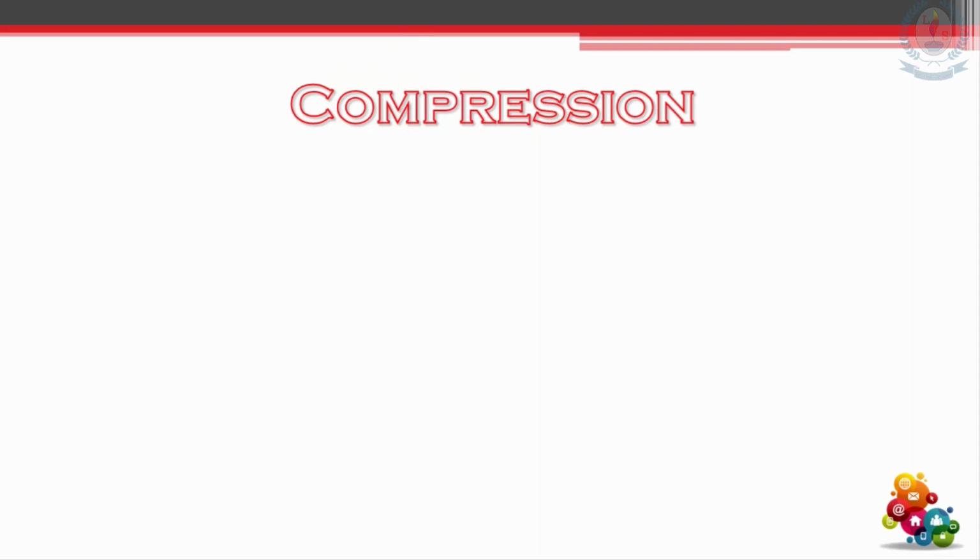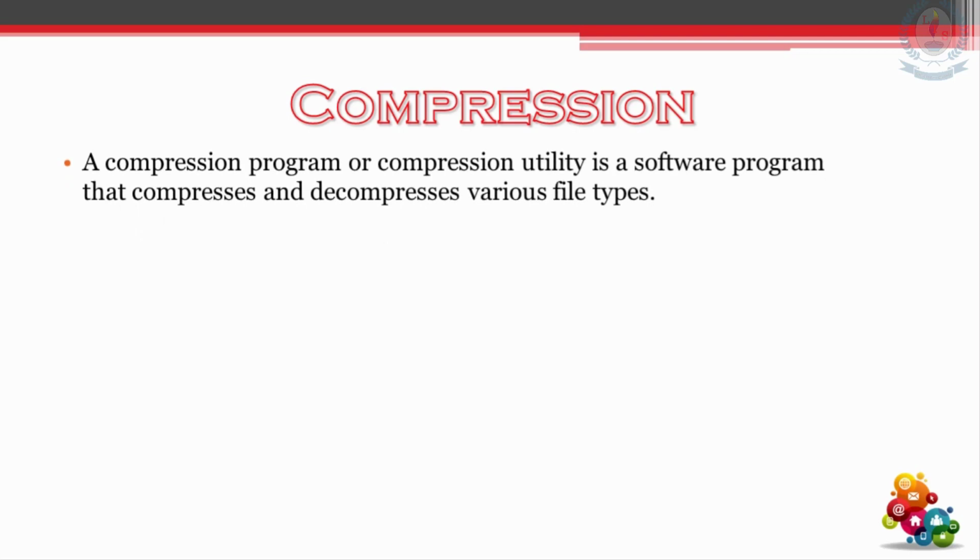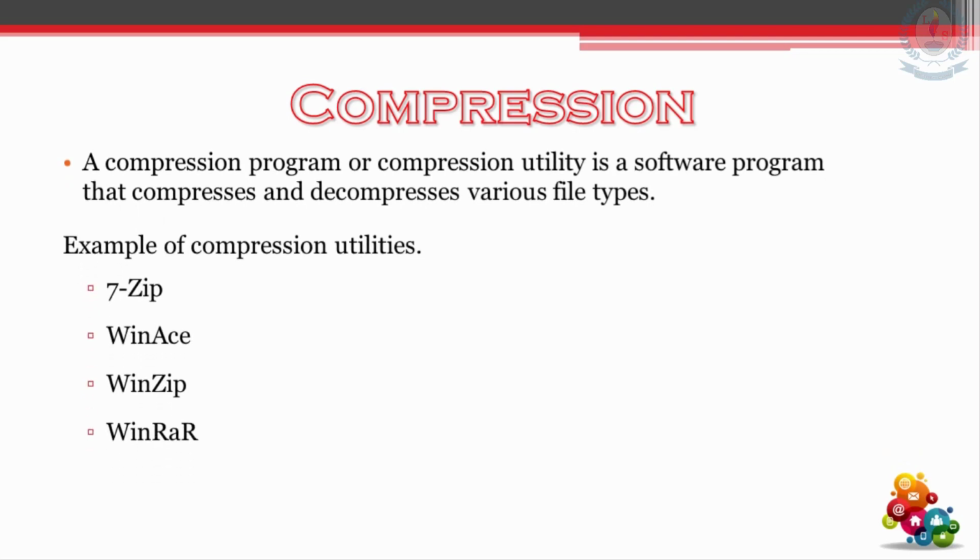Here, children, I am going to talk about what compression is. Did you know what that is? Yes, I think you already know something about compression, no? A compression utility is a software program that is used to compress or decompress files.